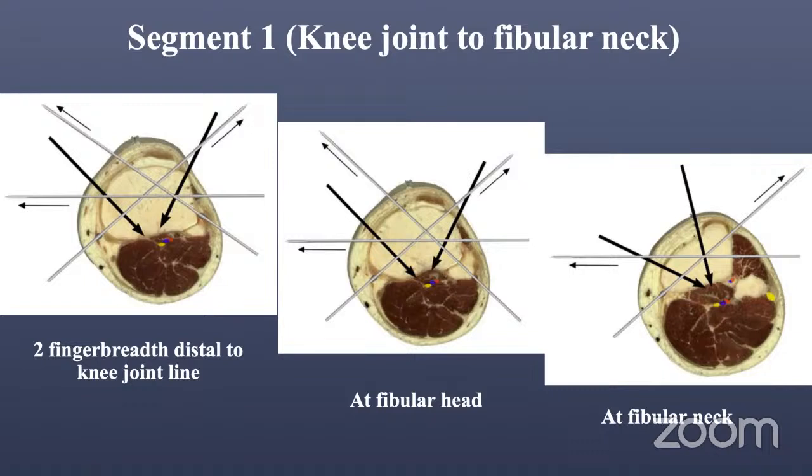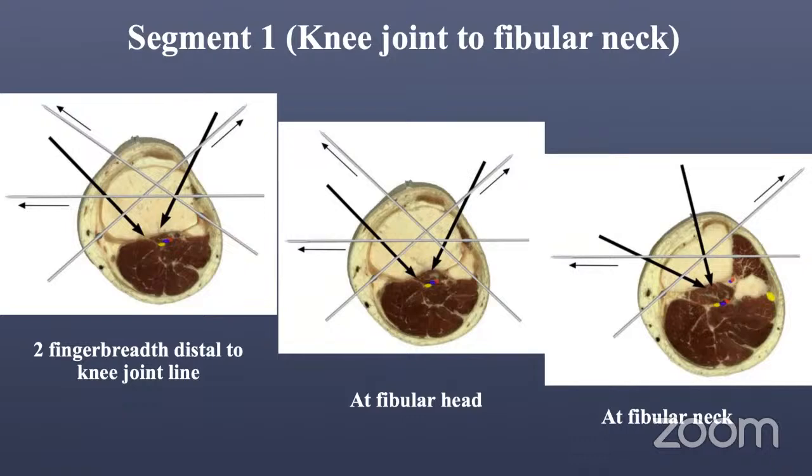And if you are at the level of the fibular head, then this wire can be placed through the fibular head. So mainly these 2 plane wires can be used in segment 1.